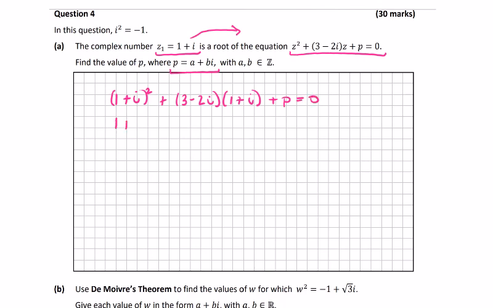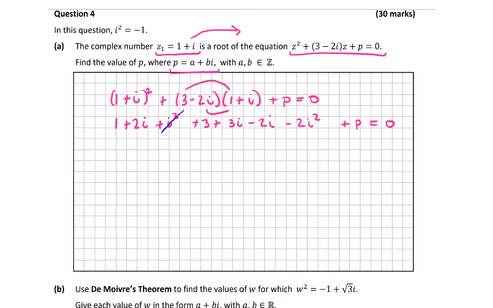So this is going to give 1 plus 2i plus i squared. Then we're going to get 3 by 1 plus 3 plus 3i minus 2i minus 2i squared plus p is equal to 0. We have a couple of cancellations going on here.